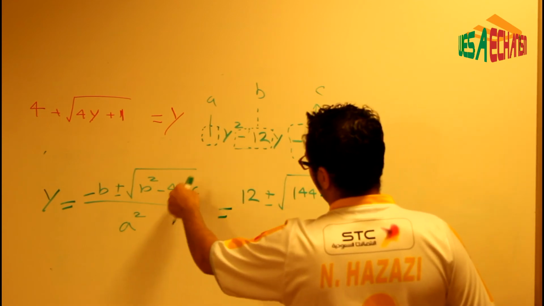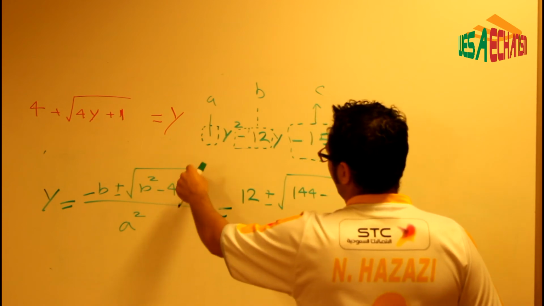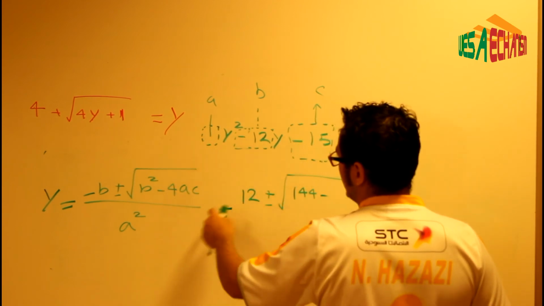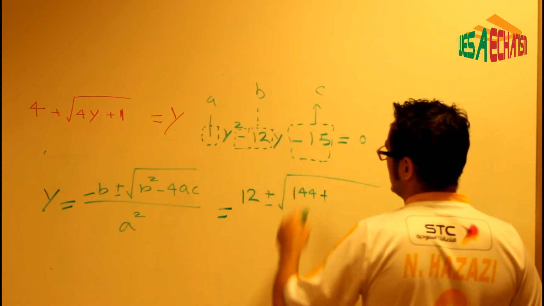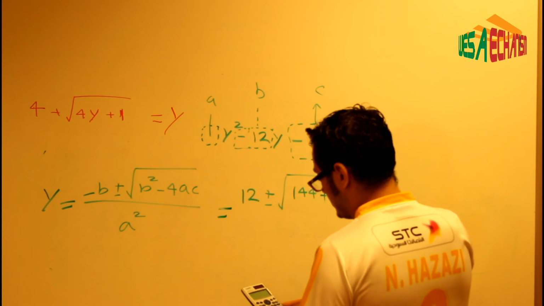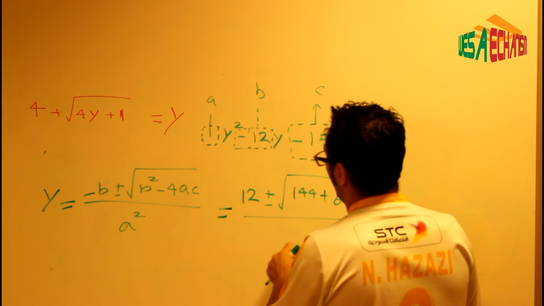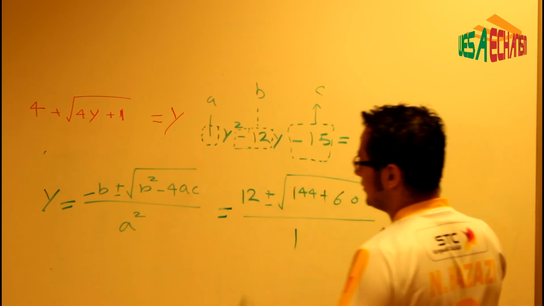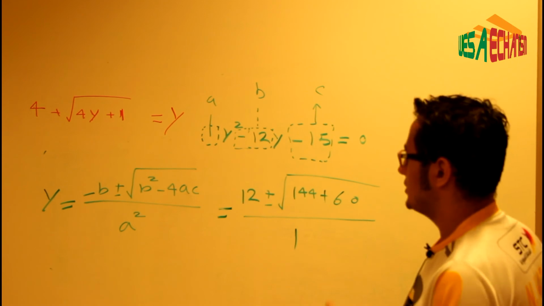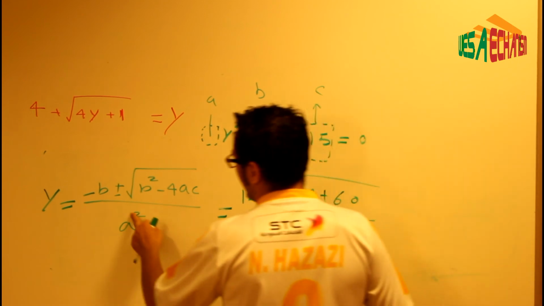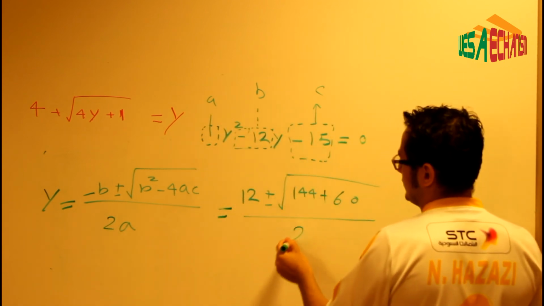Negative 4ac. We have a is 1, c is negative 15, so negative multiplied by negative is positive, and it's going to be 4 multiplied by 15, which is 60. Divided by a squared, which is 1, right? Wait a second, it's not a squared. Divided by 2a, I'm sorry, which is 2.